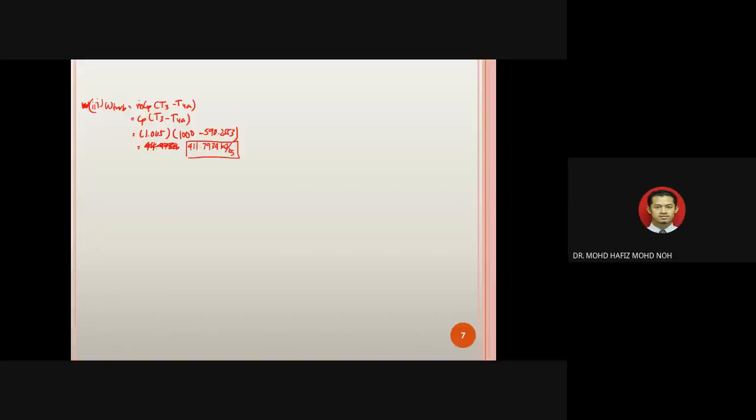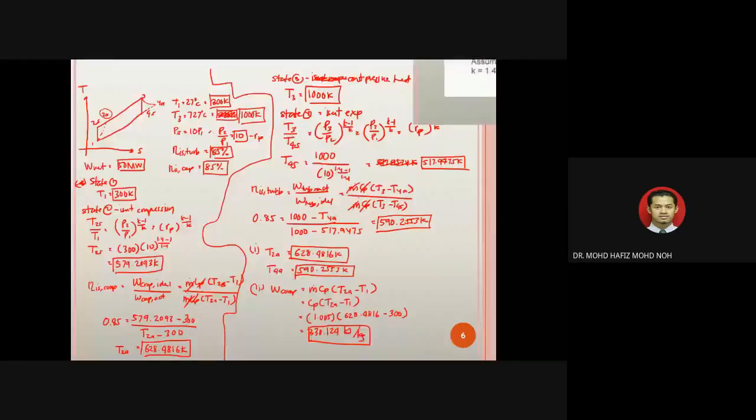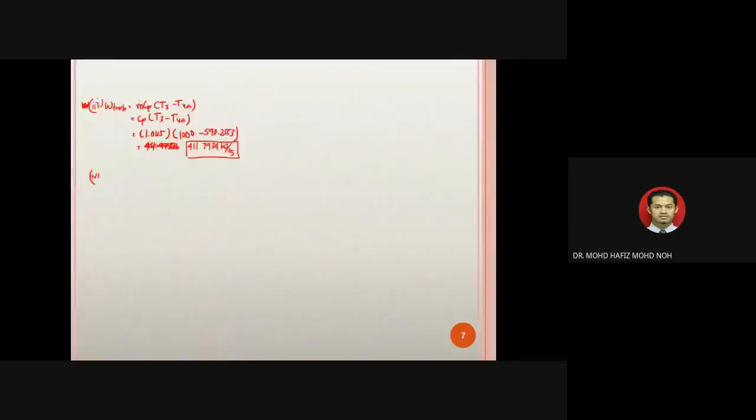The fourth question requires you to calculate the value of the thermal efficiency. So thermal efficiency you can calculate using the formula W net over Q in. In this case, W net is equal to W turbine minus W compressor.